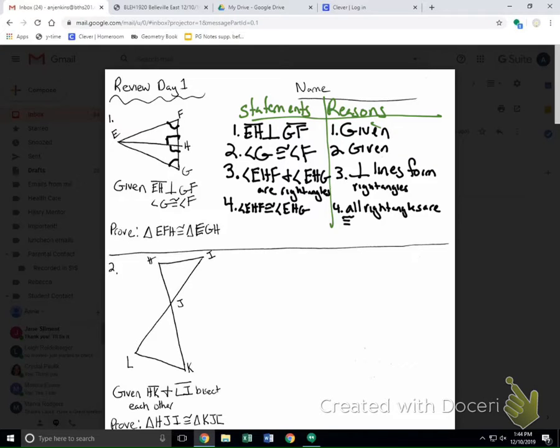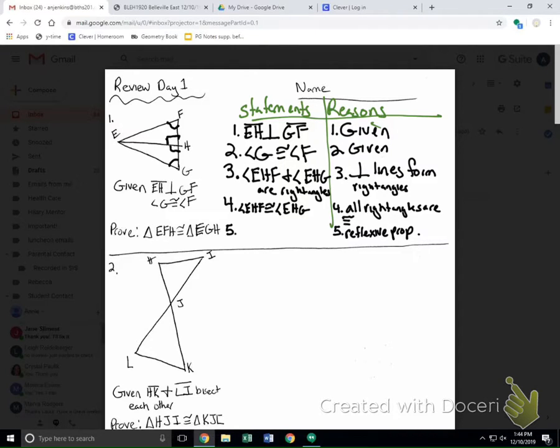Now that I have this, there's something else I know based on the picture. What do I know? Reflexive. So Cannon, what's the reflexive property? Which part do we apply the reflexive property to? The proof part.